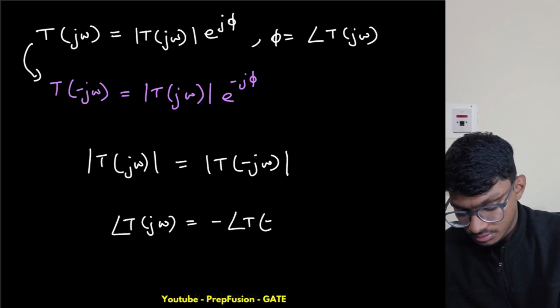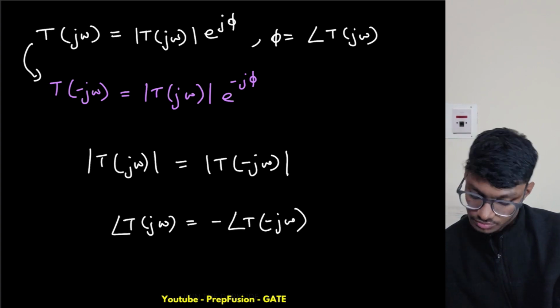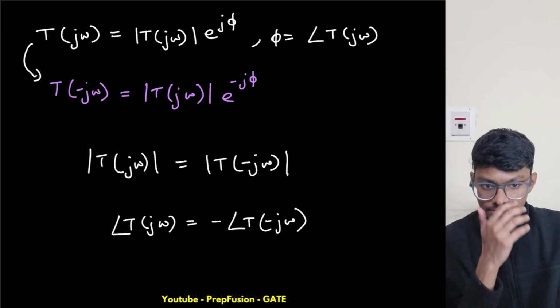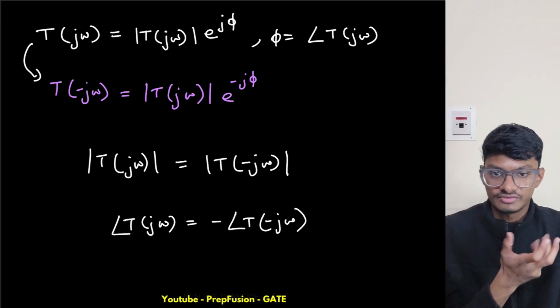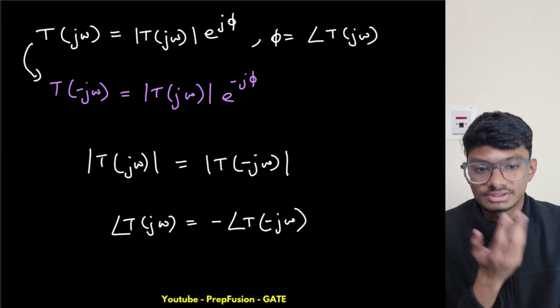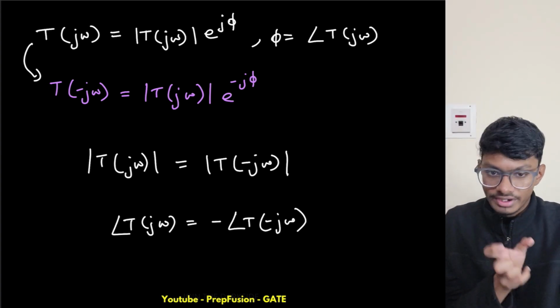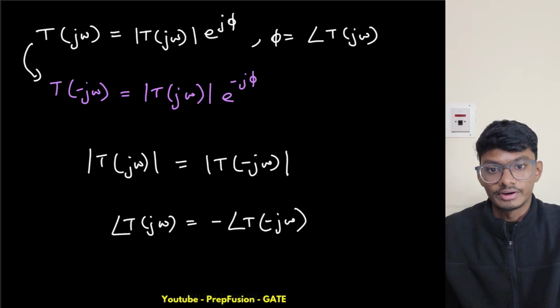This is the relationship between the positive and the negative frequency. So how does this happen? I'll do one example and there we'll understand why this happens.